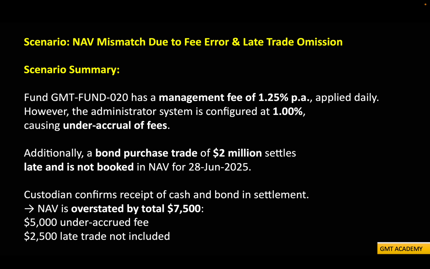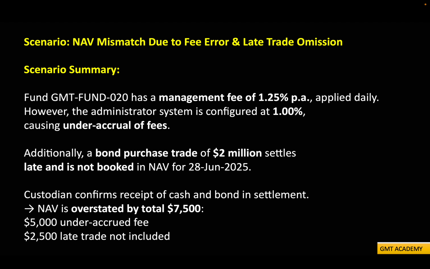So let's see an example of how the NAV gets mismatched. NAV mismatch due to a fee error and late trade omission. Fund GMT 002, where the fund name is the portfolio name, has a management fee of 1.2% per annum applied daily. However, the administration system is configured at 1%, causing under-accrual of the fee. Additionally, a bond purchase trade of 2 million settled later and was not booked in the NAV for 28 June.